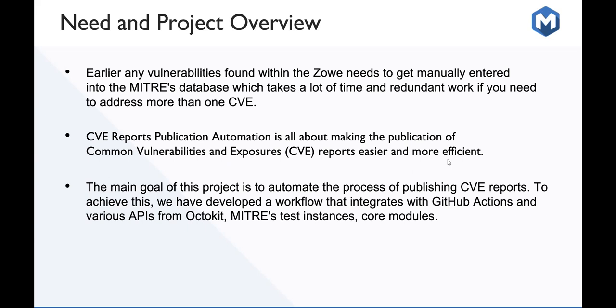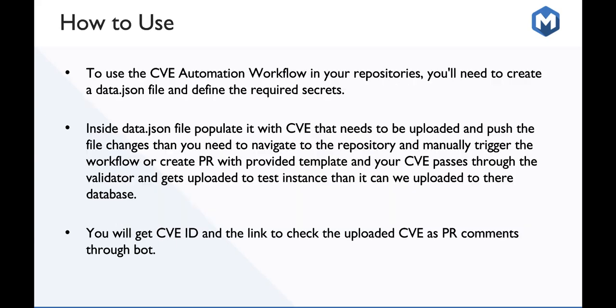We're going to talk about the working a little bit later. First, we're going to see how to use this. To use the CVE automation workflow in your repository, you need to create a data.json file, populate it with the CVE that needs to be uploaded, and push the file changes.